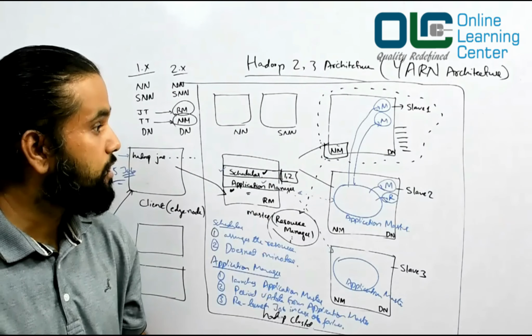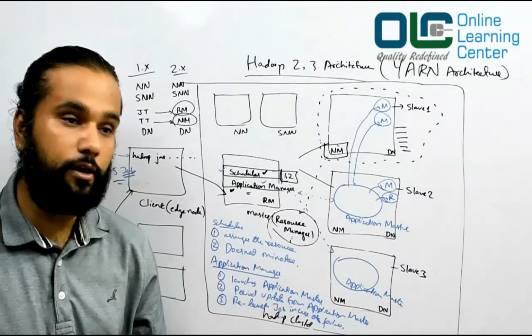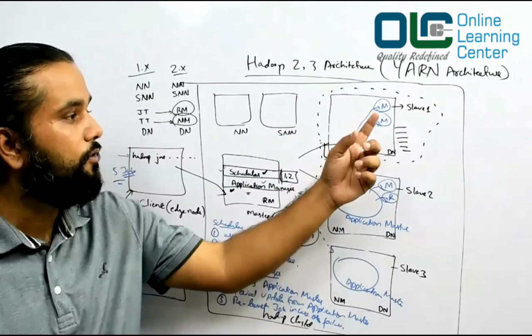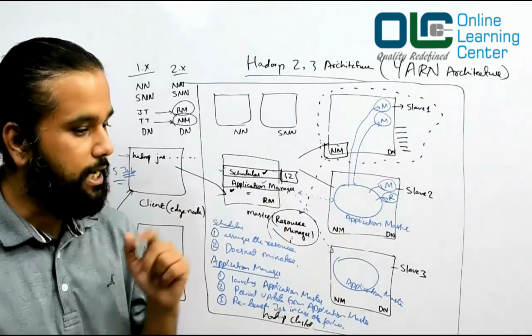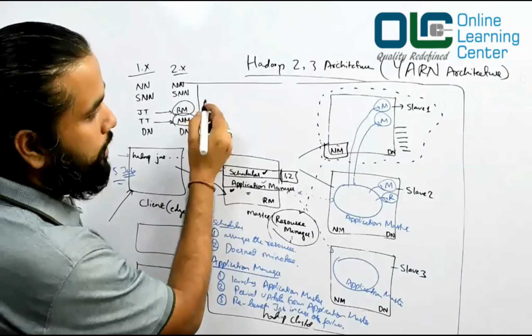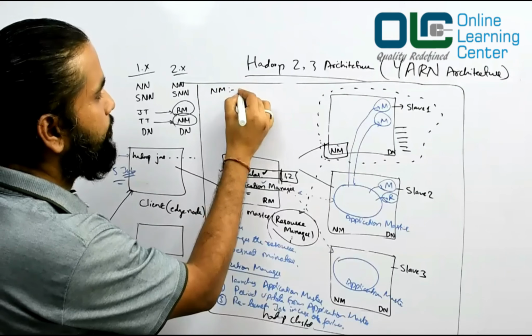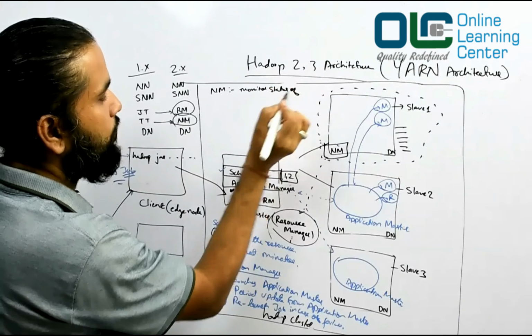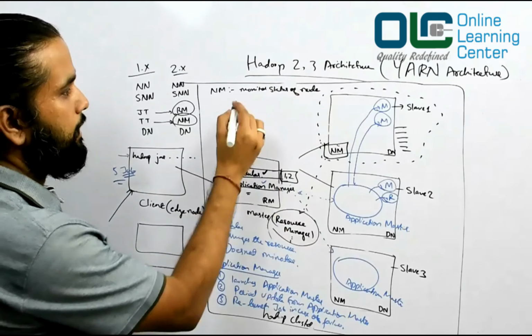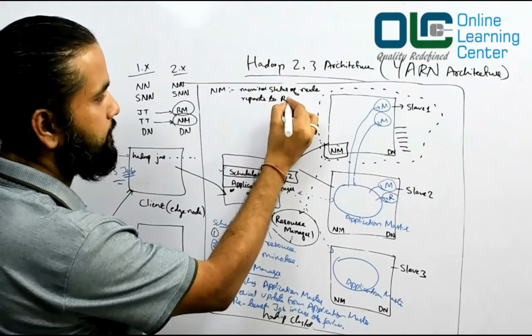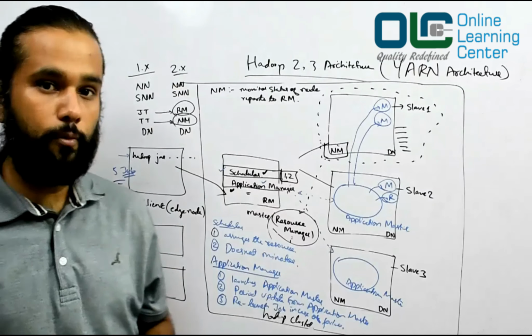This information would definitely be passed to your resource manager so that it understands the condition of a particular machine. Okay, so that's what your node manager does. What does it do? It basically monitors the status of the node and reports to your resource manager. So that's what your node manager does for you.